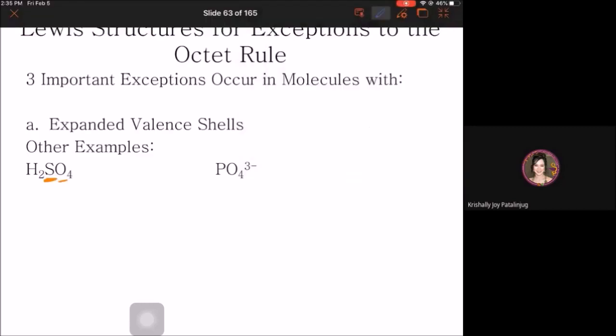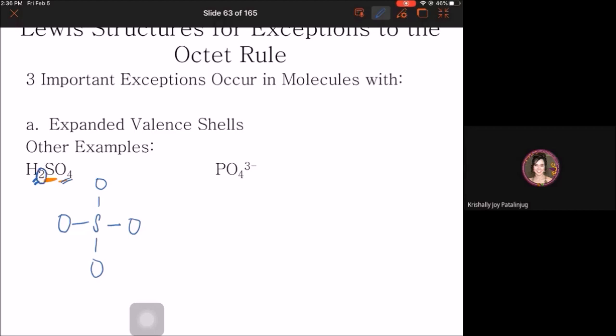Sige, atong tagsa-tagsahon na. Then, di ba si hydrogen, it can never be a central atom. So, unahin natin yung placement ng oxygen. Then, for hydrogen, merong dalawang hydrogen.